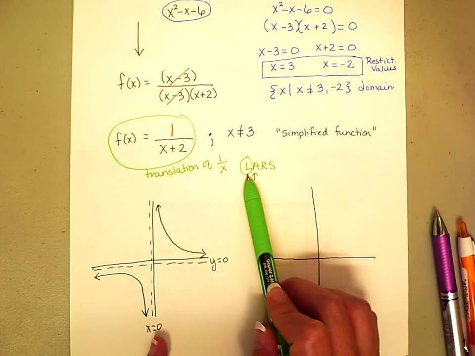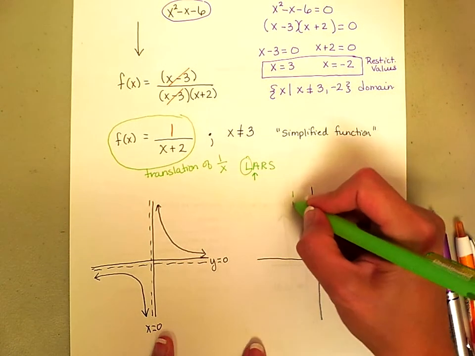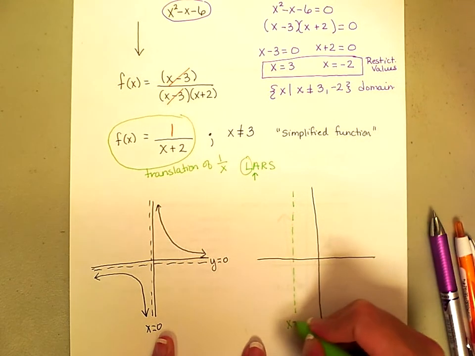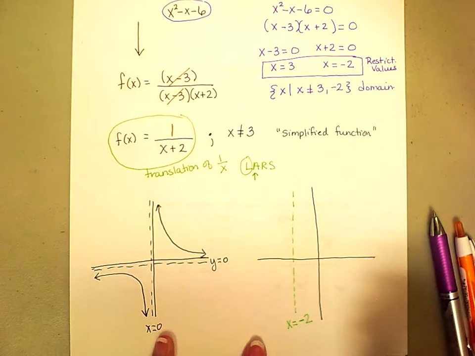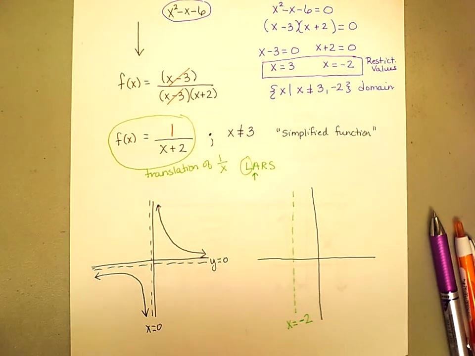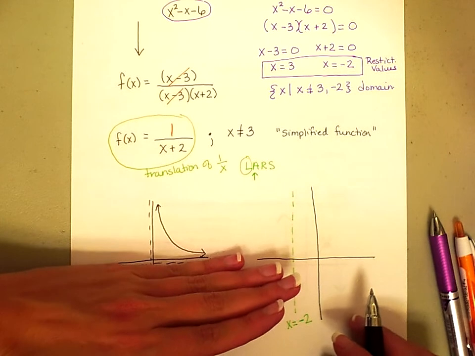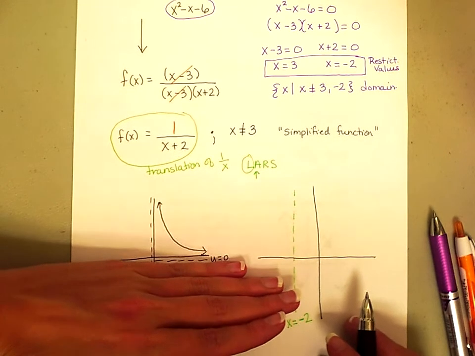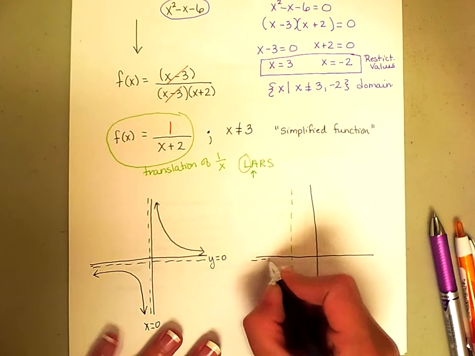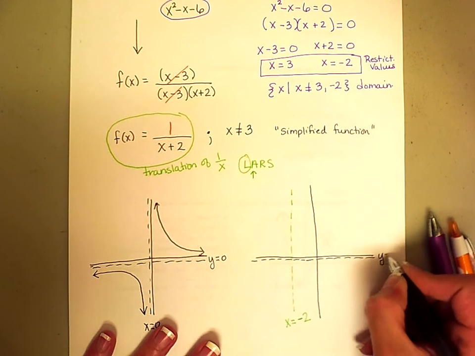So this asymptote is no longer at x equals 0. I can simply translate it over now to x equals negative 2. The horizontal asymptote will remain, but since it's a horizontal, just moving things over 2 units won't affect anything. So the horizontal asymptote stays the same at y equals 0.